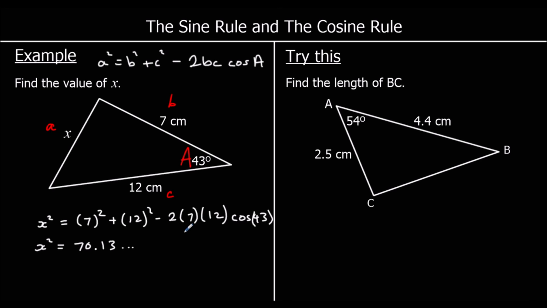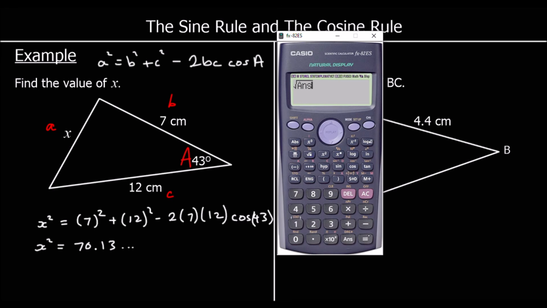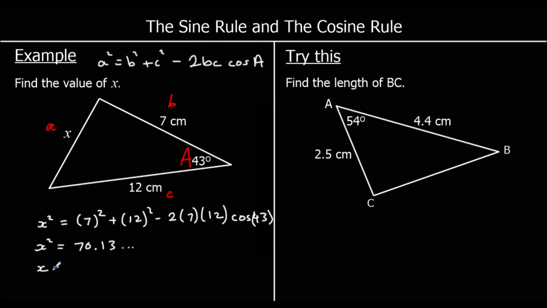So to get x, we square root. So square root the answer, and that's 8.37 to 2 decimal places. And it's in centimeters. Okay, one for you to try. So pause the video and give that a go.